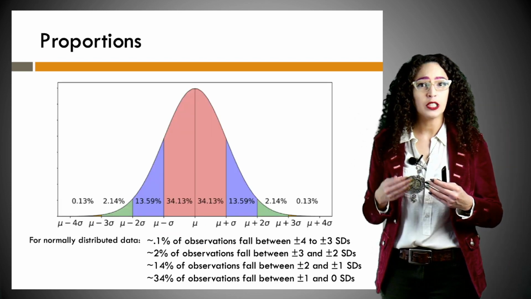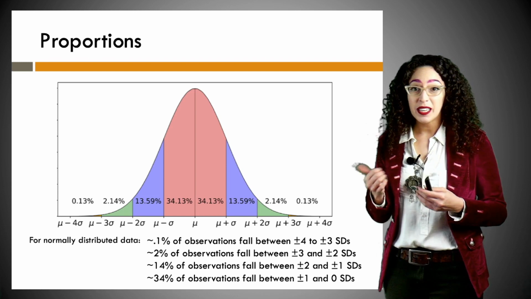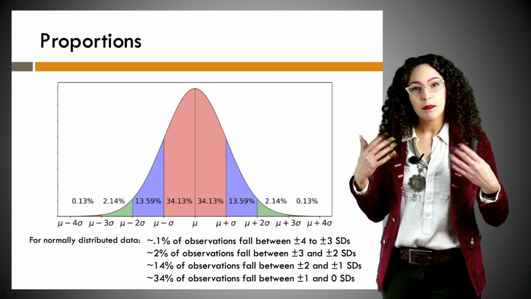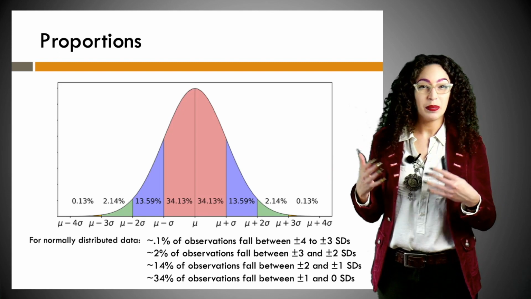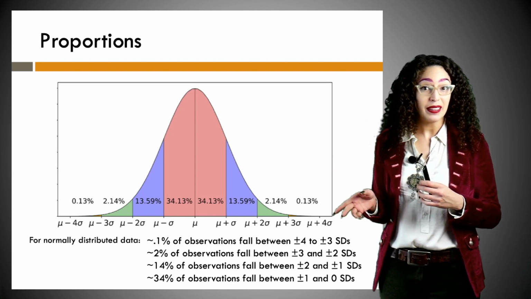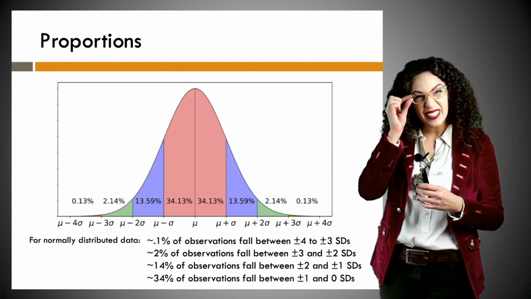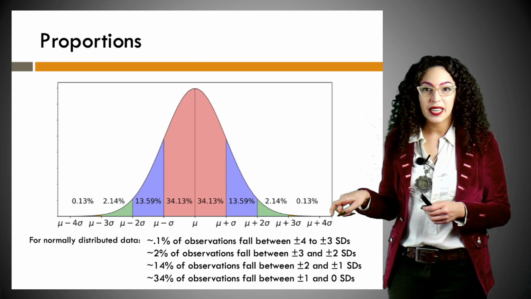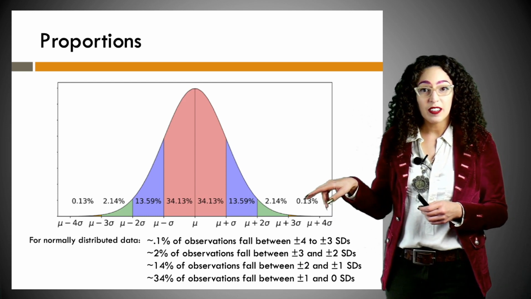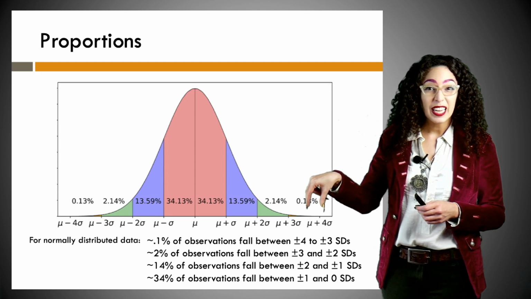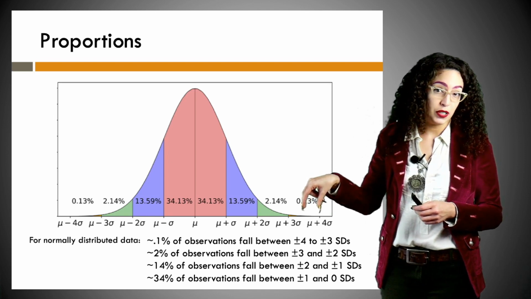So let's look at the proportions in each one of these little slivers. You might notice now we have a 4. They can keep going. It's just that most data is going to fall between plus or minus 2 or 3, so we usually just stay there. But they're out there. The probability is there. It's just incredibly small. So if you wanted to know the proportion of people that would get a z-score of positive 3 to positive 4, somewhere in this little realm, it would be 0.1%.